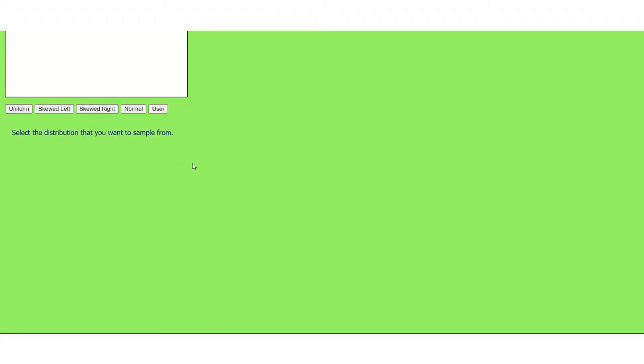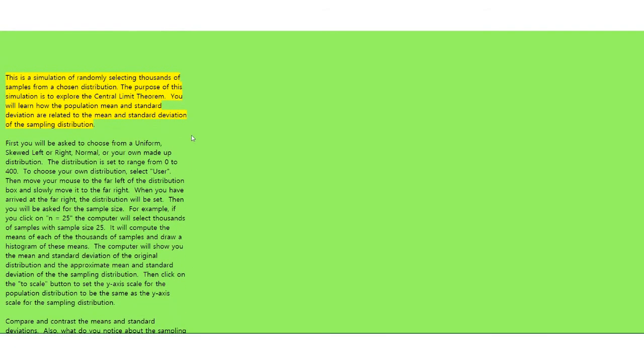I found an interesting online simulator. This is a simulation of randomly selecting thousands of samples from a chosen distribution, and the purpose of this simulation is to explore the central limit theorem.